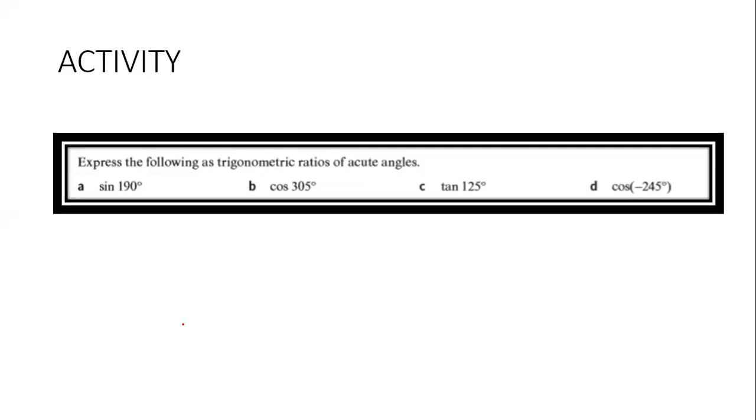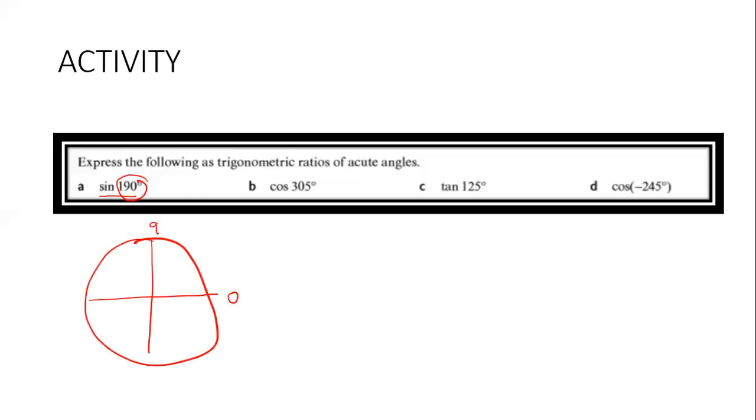We are doing this activity, but let me give one example for sine 190, such that also Tracy picks up. So Tracy, when you look at this, you are going to first ask yourself, in which quadrant is this angle of 190? This is 0, 90, 180, 270, and 360.